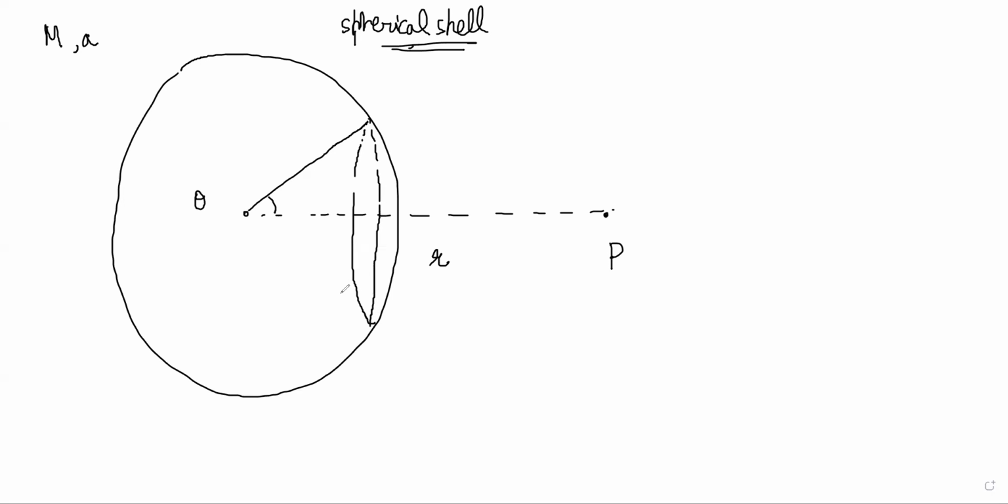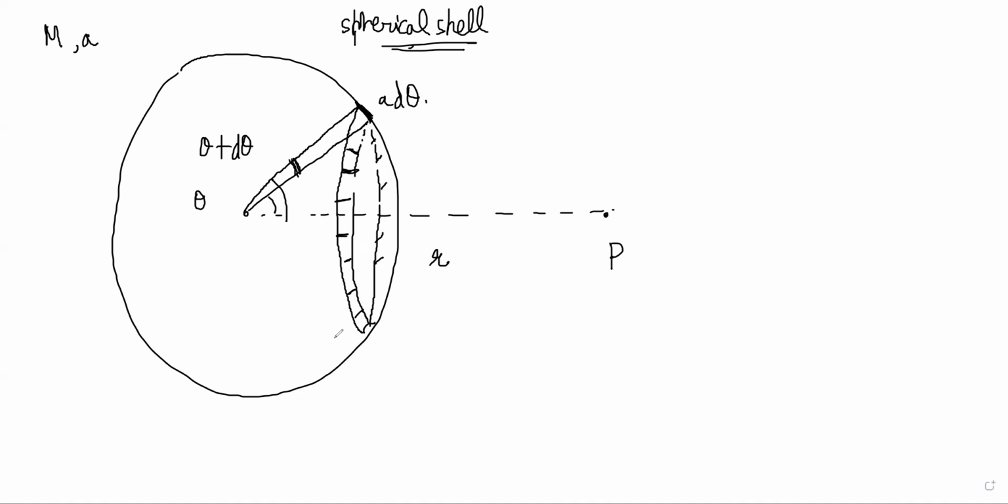And then I will change the angle a little bit, and I will rotate that line also all around. Theta plus d theta. So this gap angle is d theta, and this boundary length will be a d theta, and I am rotating it all around. So I am clearly getting a ring type of situation.